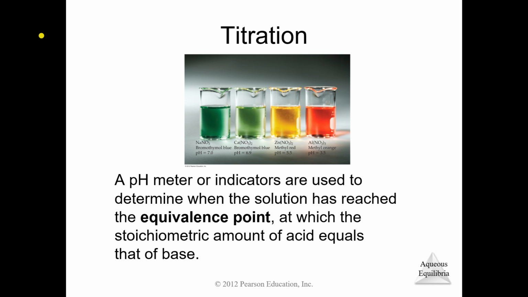So you already know, and you've seen in lab, that when we do a titration, the purpose of this titration is to neutralize an acid and a base in an acid-base neutralization reaction. And there's many different ways we can test the pH to make sure we've met that neutralization point.